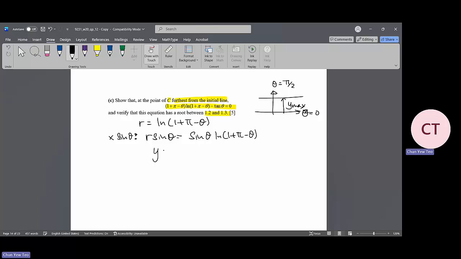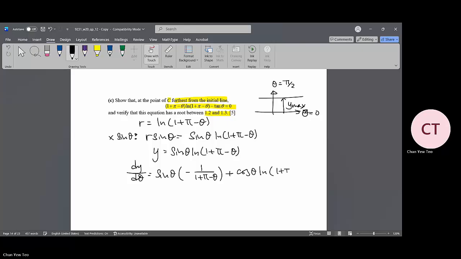Then y equals sine theta ln 1 plus pi minus theta. Your dy d theta is equal to keep the left, differentiate the right, plus keep the right, differentiate the left. So this is what we have.